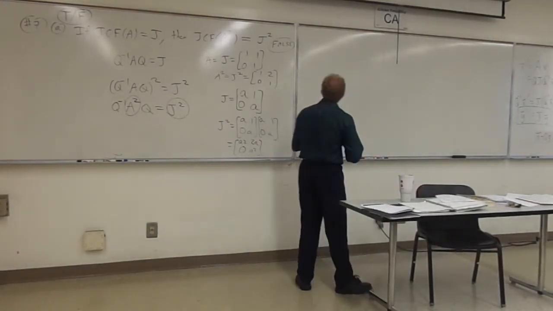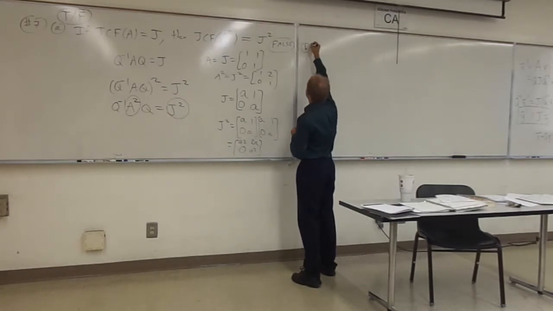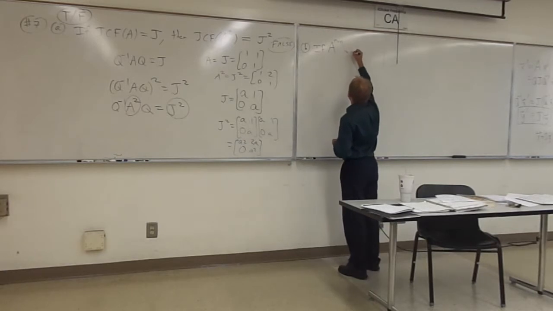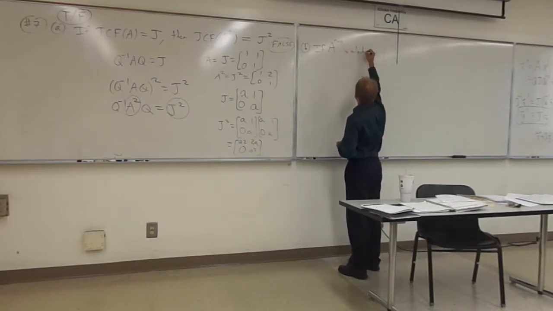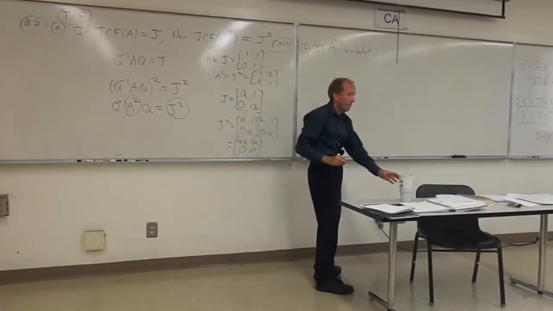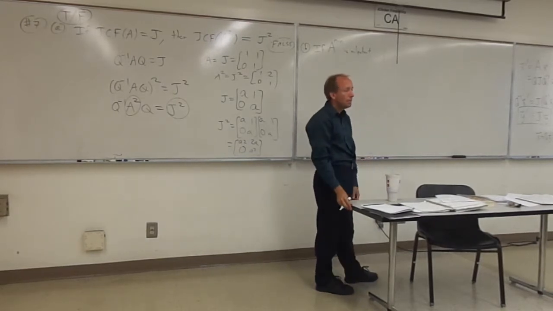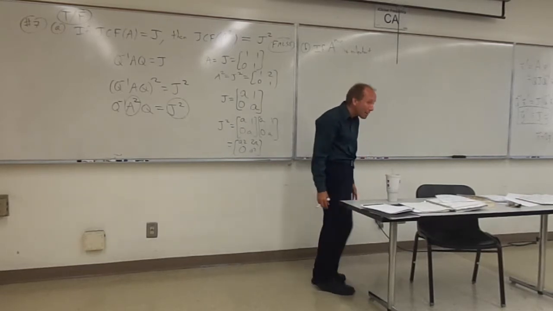Here's another one. B. If capital A, which is n by n, is nilpotent, does anybody know what that means? I didn't think so. Okay, I was waiting for somebody to ask me.